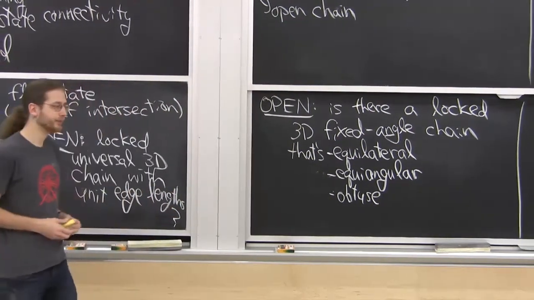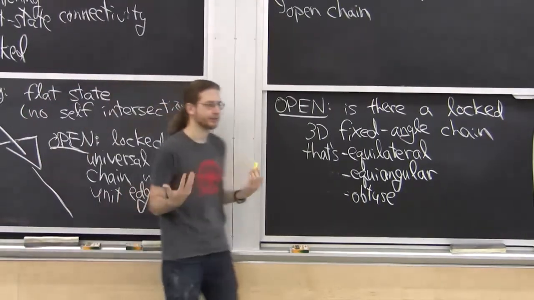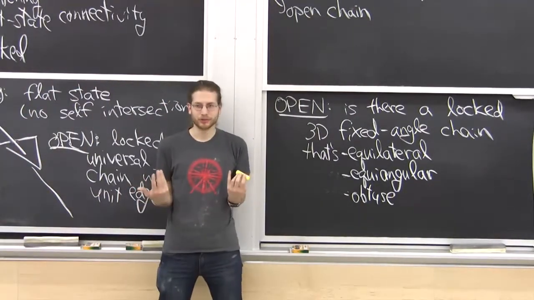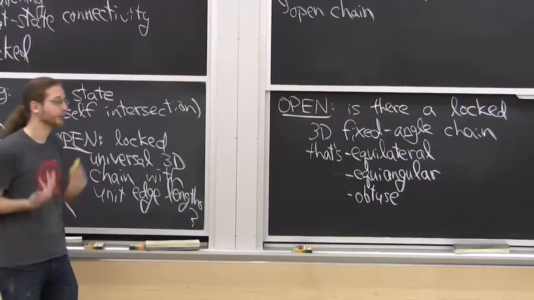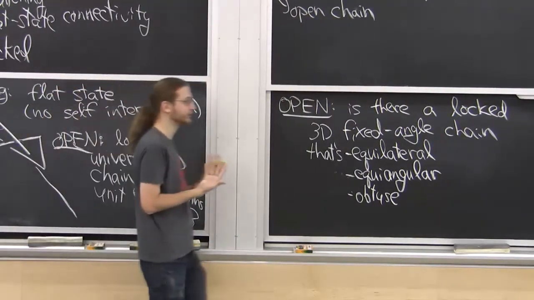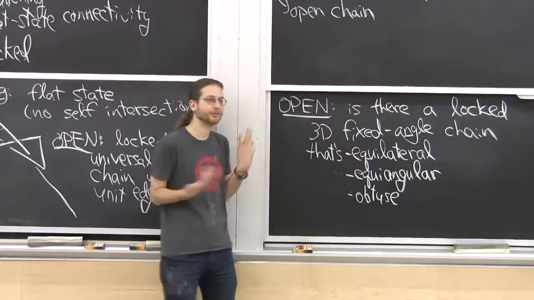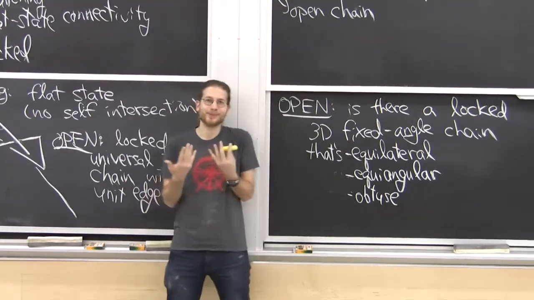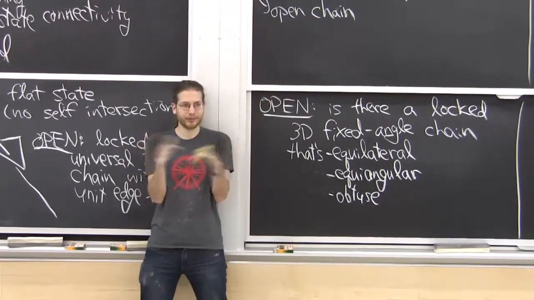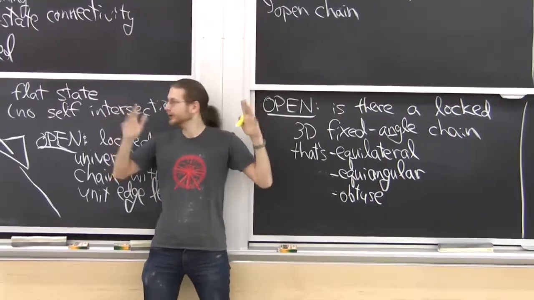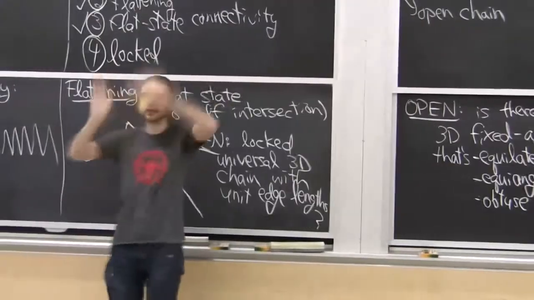So if you think about proteins which fold very well in nature, there are a couple of reasons they might fold well. As far as fixed angle chains go, it's actually quite easy to find locked examples, and this is somewhat intuitive, but bear with me. Because there are locked examples in this configuration space, we believe these configuration spaces are really ugly and nasty.